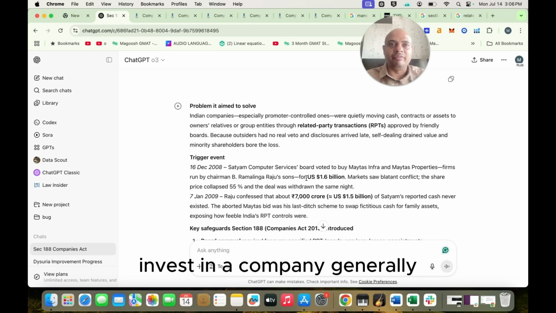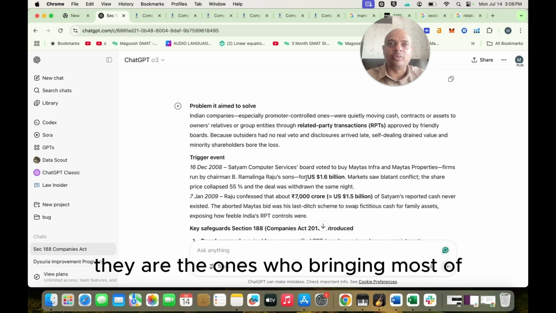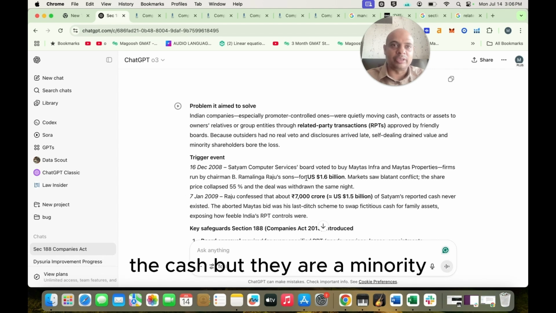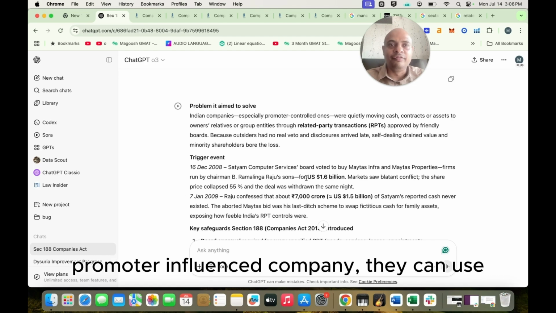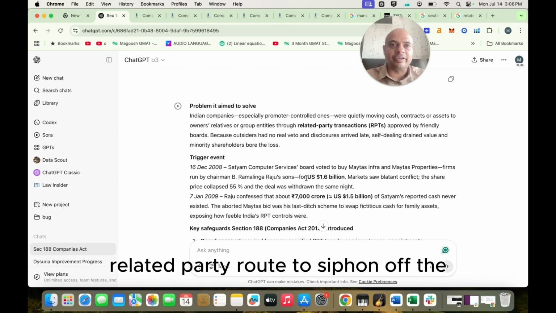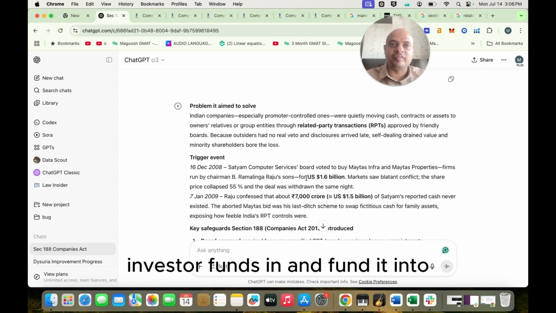Investors, when they invest in a company, generally are the ones bringing most of the cash, but they are a minority shareholder. And if it's a heavily promoter influenced company, they can use the related party route to siphon off the investor funds and funnel it into other entities.